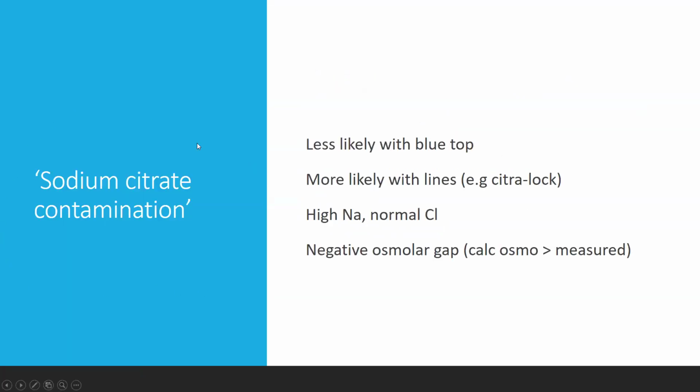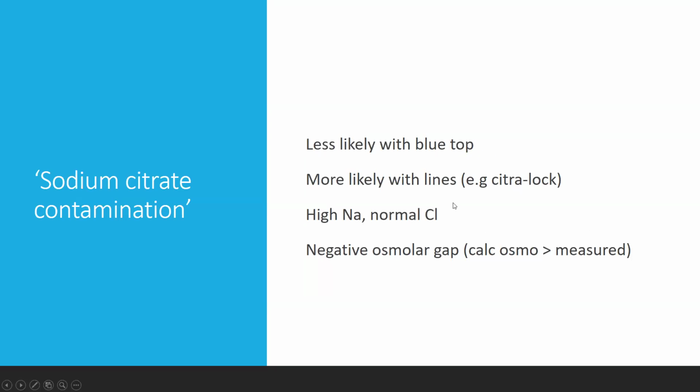Another that is less common than the potassium EDTA is sodium citrate contamination. Now, you remember that sodium citrate comes at the top of the order of draw, so it's less likely to occur due to the order of draw, unless someone fills up a blue top and then pours it into another blood bottle.